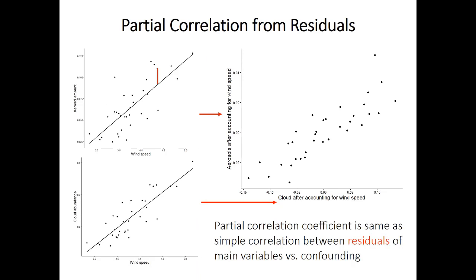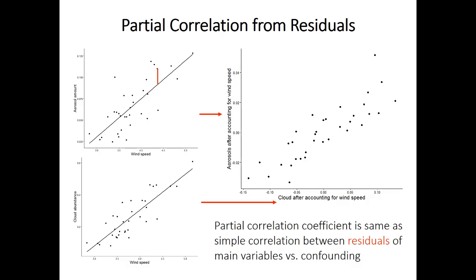Another way to think about partial correlation is in the context of regression. The partial correlation coefficient is really just the same as the simple correlation between the residuals of our variables. So essentially, let's say we take the residuals in a regression of aerosol amount versus wind speed.